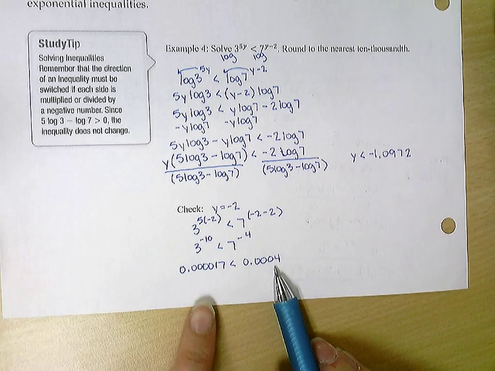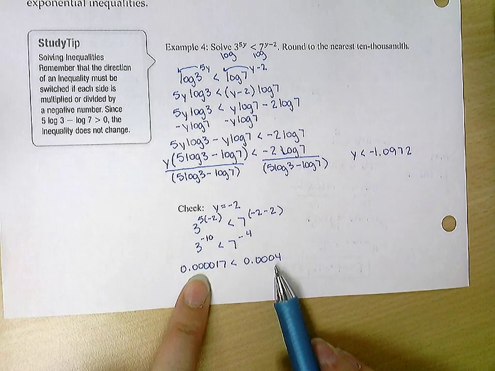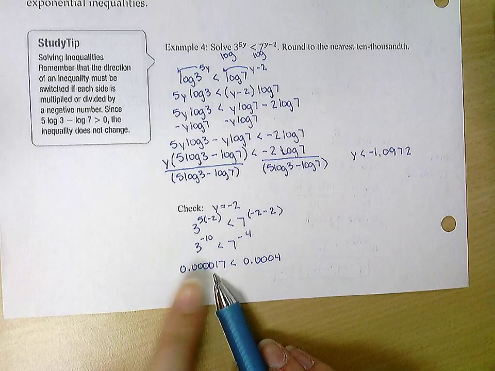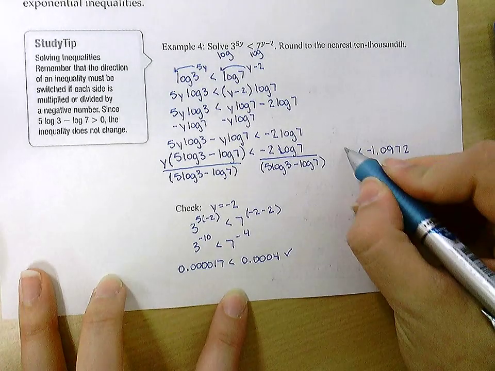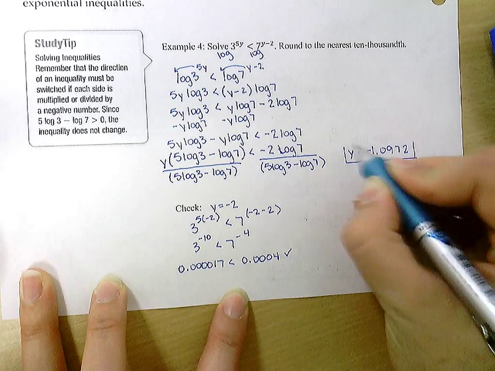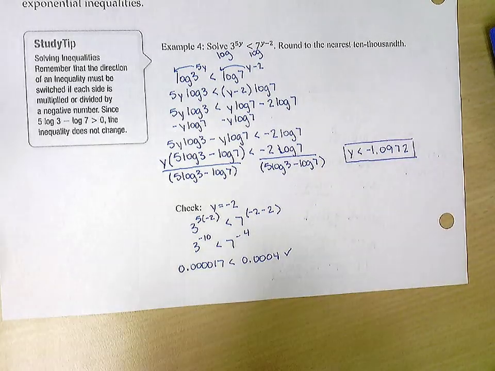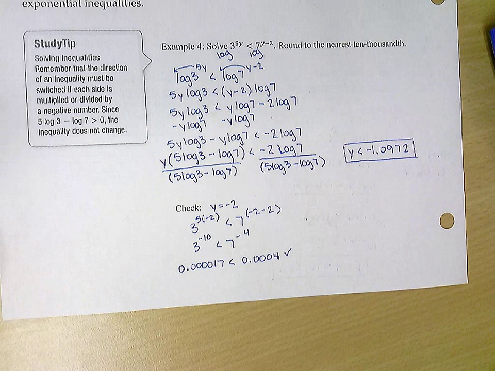So this one right here is going to be greater than this, because I have fewer zeros in front of it. So this is true, and that means my y value is less than negative 1.0972.